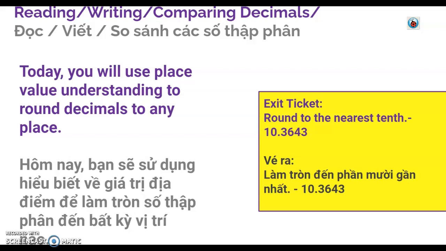Remember, when we're rounding numbers, it's just like rounding regular numbers, boys and girls. So you're going to look at the digit that we're asking you to evaluate, go to its neighbor, and see if that neighbor is 5 or more. If it's 5 or more, we're going to raise the number we're evaluating. If it's 4 or less, we're going to keep that number the same.